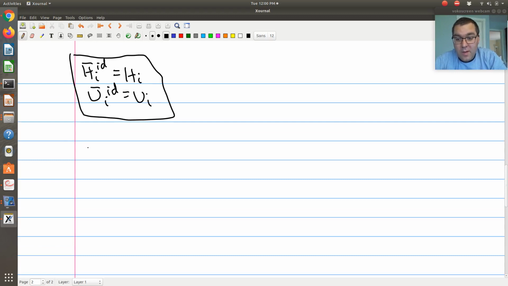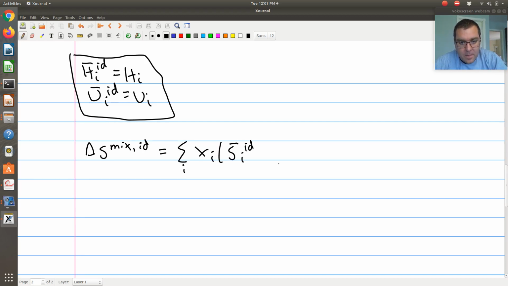So in terms of entropy, delta S of mixing in my ideal solution is by definition the molar average of S bar i in my ideal solution minus Si, and that is going to be equal to minus R sum over i of xi log xi.